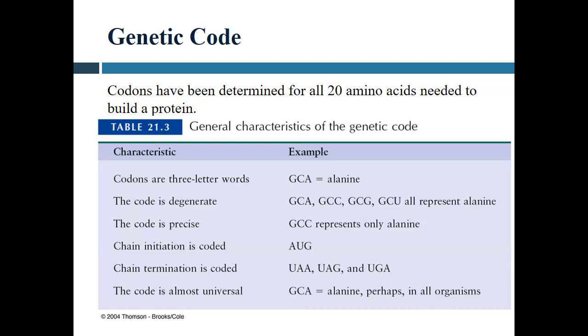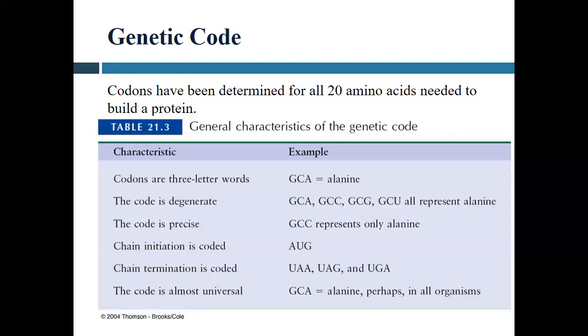Now, what you need to understand, and this is what can be really confusing, is that with 3 different positions and 4 different bases per position, there are a total of 64 combinations, or 4 cubed. 64 combinations of 3-letter codes. But yet there are only 20 amino acids. So what that means is that there's a lot of duplicity here. There's a lot of degeneration.